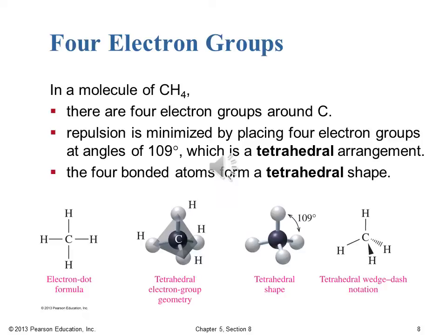And if you look at the very last image there, the tetrahedral wedge dash notation, that's what you'll see a lot in 142. And again, what we're showing with the straight lines, those are in the plane of the screen, and then the wedge there, the filled in wedge, is coming out at us, and the dashed line is going back into the plane of the board here. So it's a nice way to try to show 3-dimensional geometry when we're dealing with 2-dimensional planes.